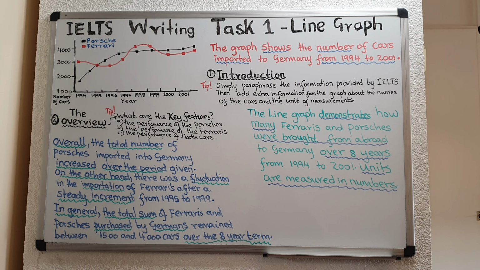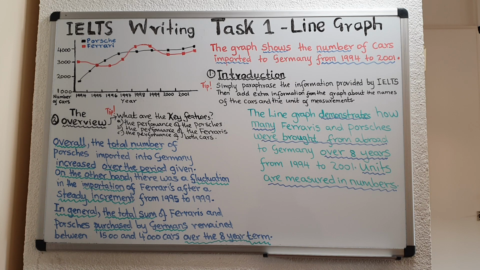So usually we begin the overview paragraph with: overall, the total number of Porsches imported into Germany increased over the period given. So we are now talking about the first key feature, that is A, the performance of the Porsches.